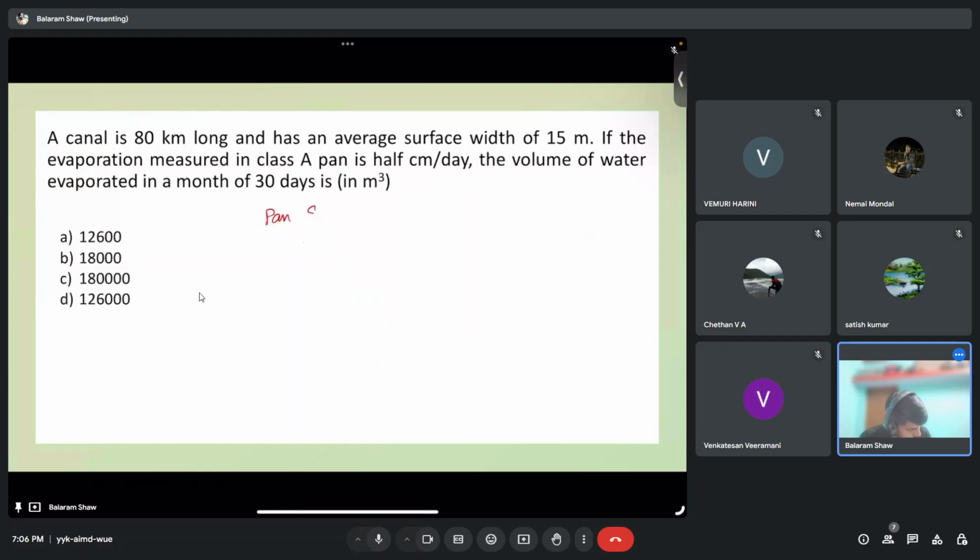So how much are we getting? 0.15 meter. I'm changing it into meter.